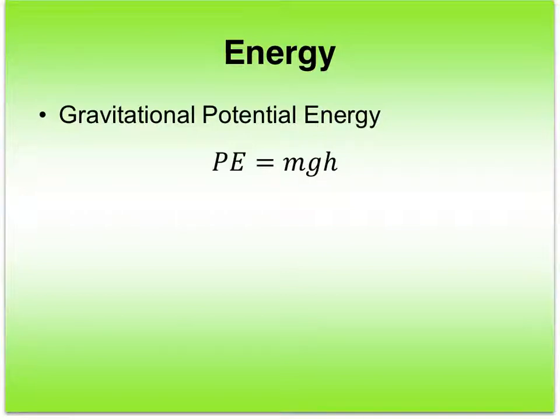Gravitational potential energy is shown as the formula mgh. Now if you remember, work was force times distance. If I lift an object up, the amount of work that I'm doing is equal to the weight of the object times the height in which I'm lifting it. Weight, if you remember, was mass times gravity.